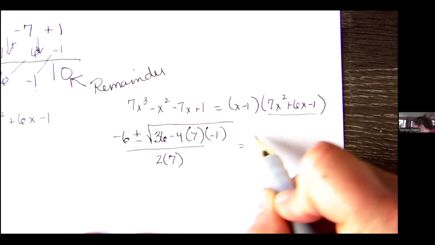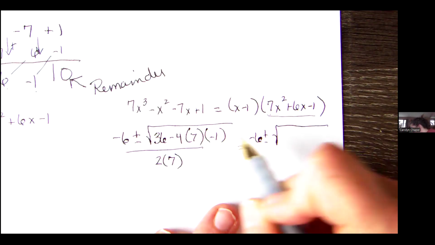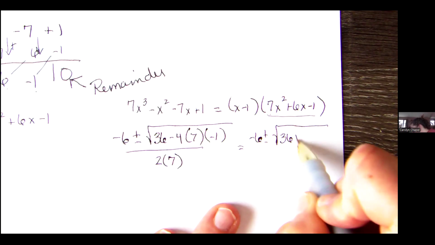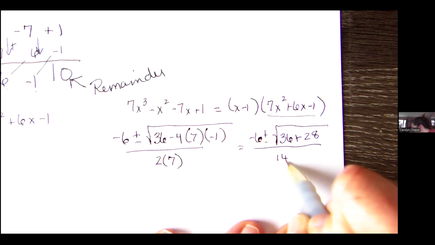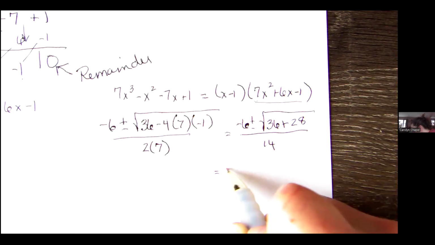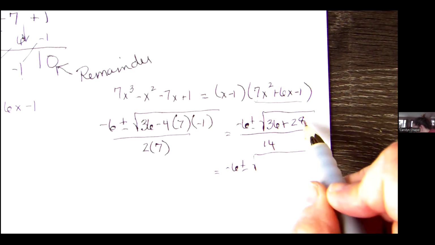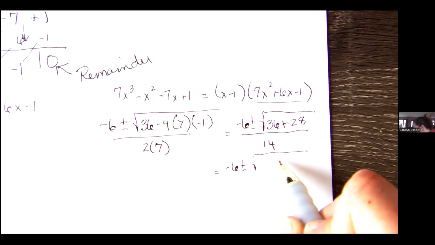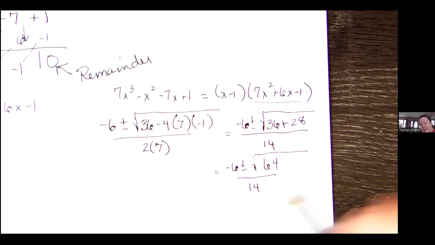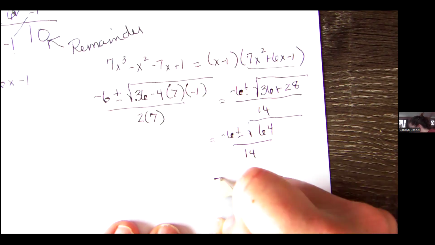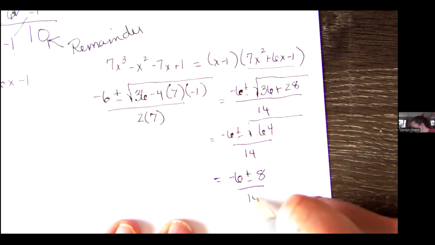That's -6 plus or minus the square root of 36 plus 28, all over 14. That's 64 all over 14. The square root of 64 is 8. So this one would have factored.